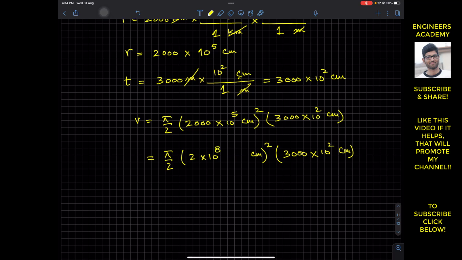Now we can simplify this. This is pi divided by 2, 2 to the power 2 multiplied by 10 raised to the power 8, all squared, times 3000 into 10 raised to the power 2. The units are centimeter squared and centimeter, so centimeter into centimeter squared will be cubic centimeter.